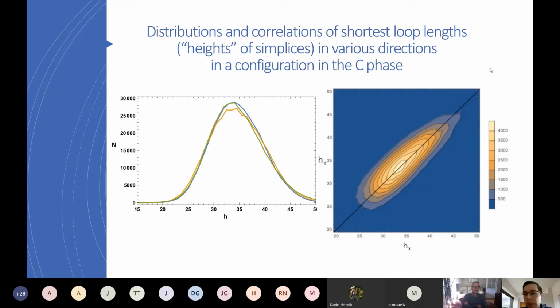Yes, so now we have those barriers, and what can we measure? First of all, for each simplex we can measure the length of the shortest loop that starts at a given simplex. The algorithm is very simple. We choose one simplex, and then we make a spherical diffusion wave. In the first step, we mark the neighbors of this chosen simplex.